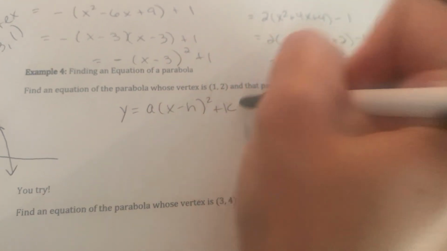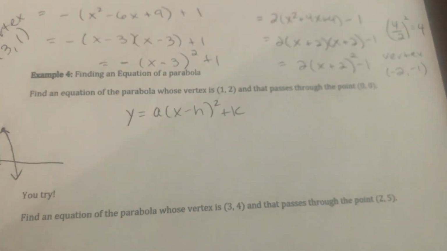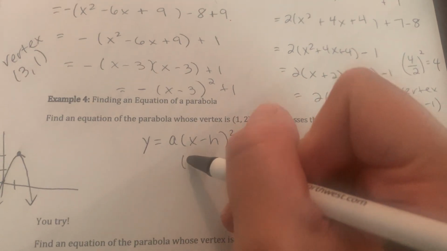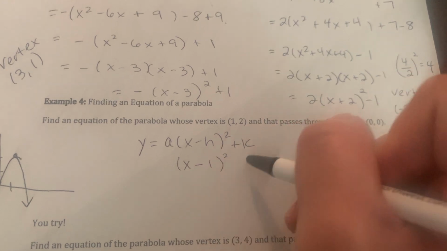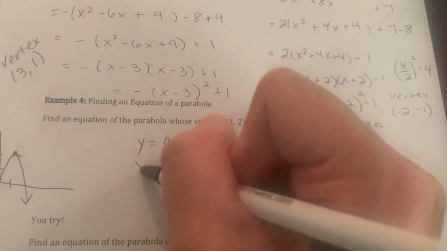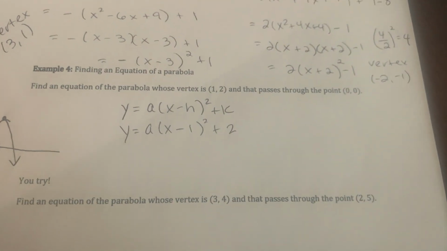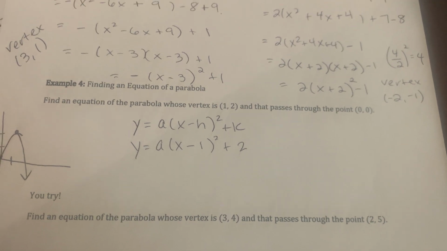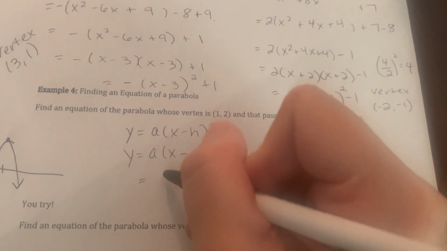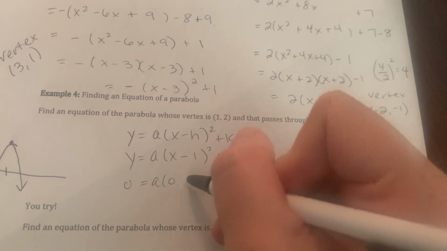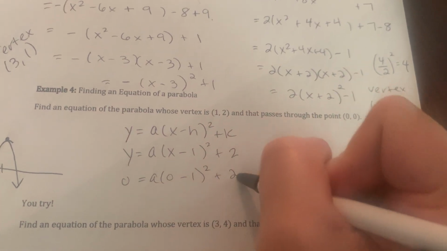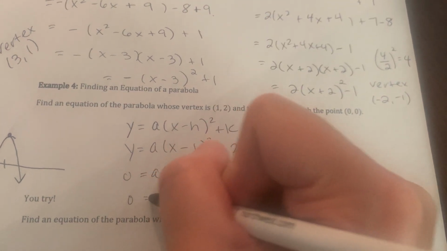So if this is the formula, they're telling you, hey, you have a vertex at 1, 2, and it goes to the point 0, 0. Well, 0, 0 is an x value and a y value. So that means what's your A? Is there a vertical stretch?